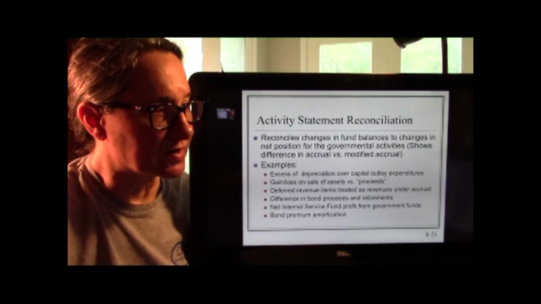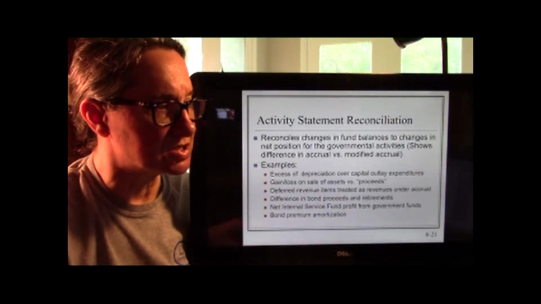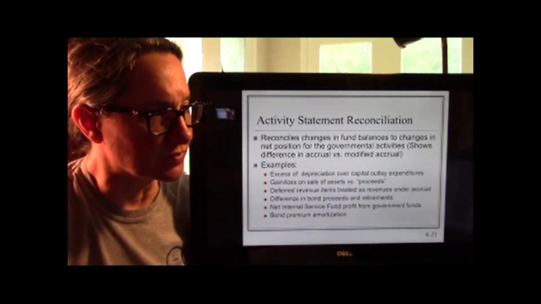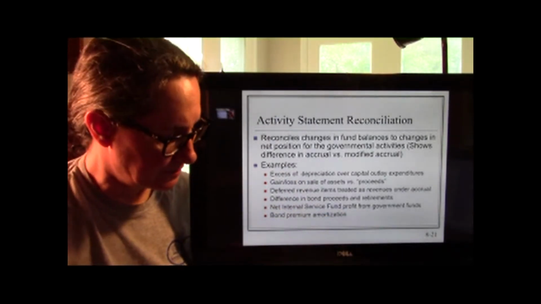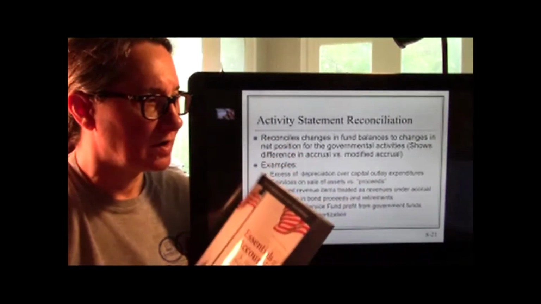The activity statement reconciliation reconciles the changes in fund balances to changes in net position to show the difference in accruals versus modified. All right, so there you go. That's your example there.